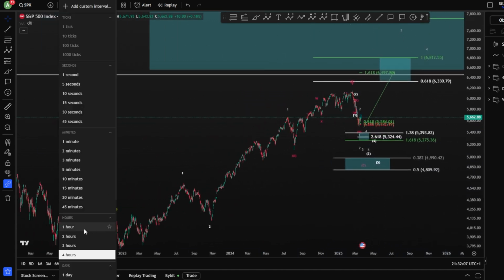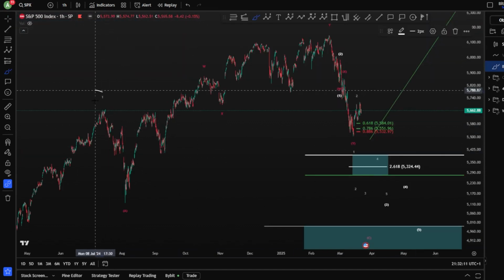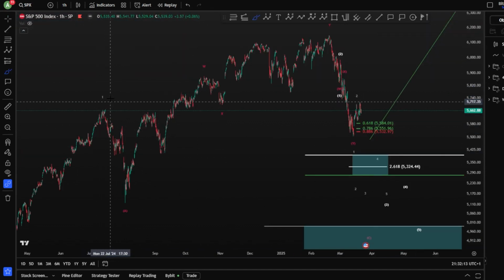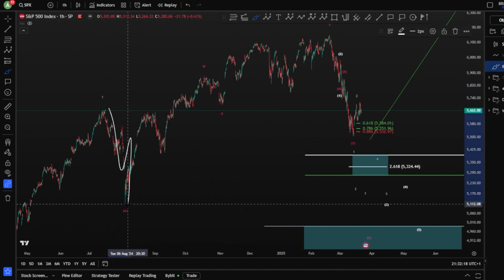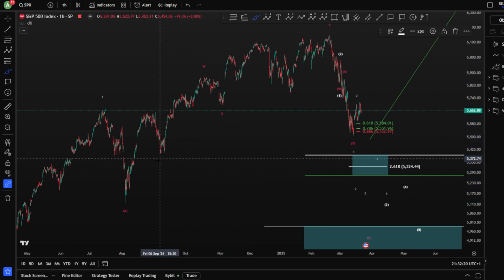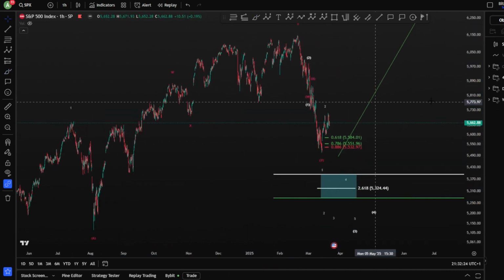Let's dive deeper on the 1 hour chart to see on the S&P what we have. Now, we have potentially something here. Whether it is wave 1 or wave 3, we're gonna see this later on. We have 3 waves up potentially for W, X, and Y, with a very overshooting wave B. Already explained why.